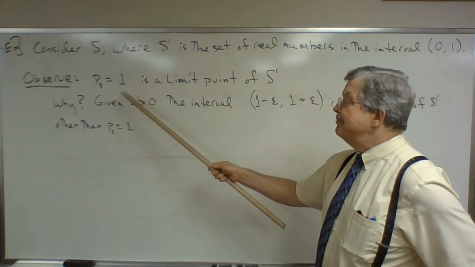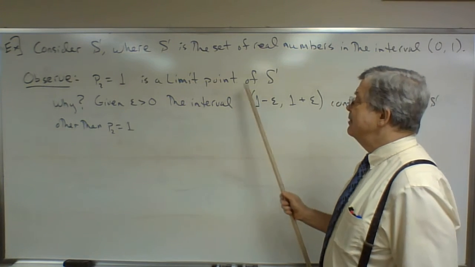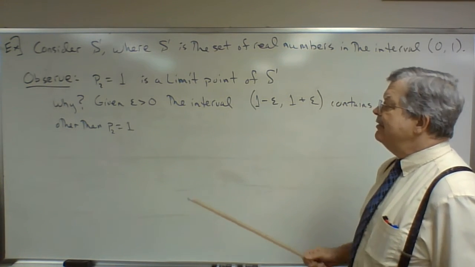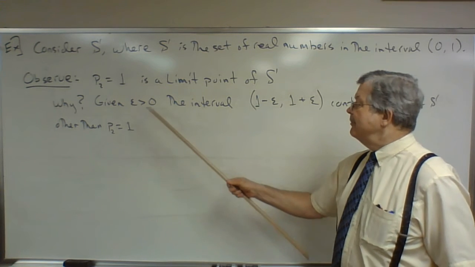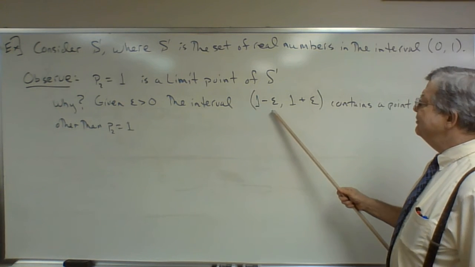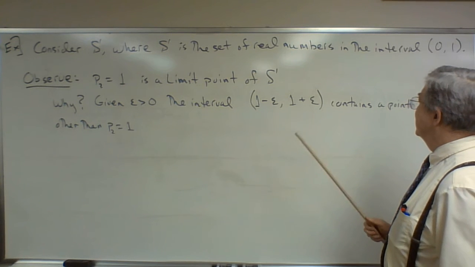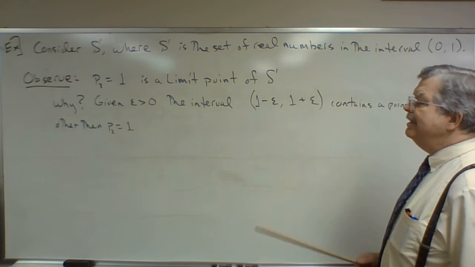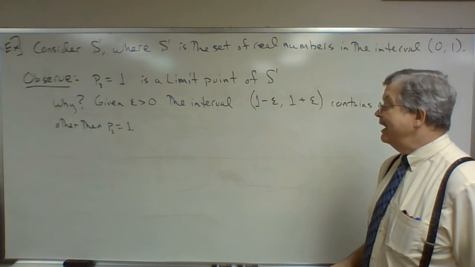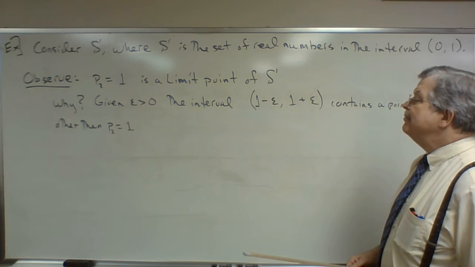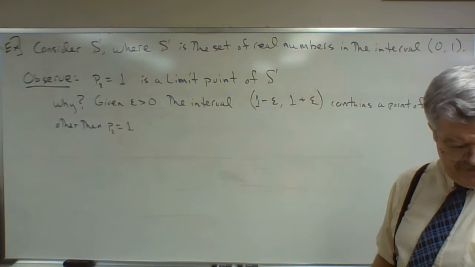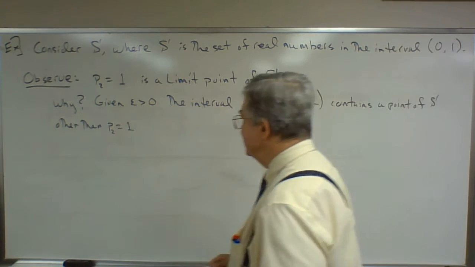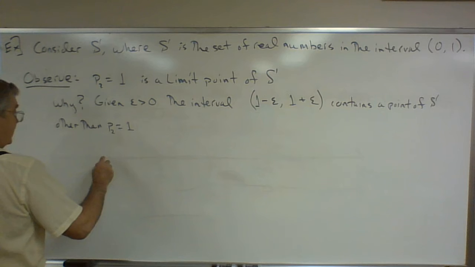I say again, P2 equals 1 is a limit point of S. The reason is, given any positive epsilon greater than 0, the interval 1 minus epsilon, 1 plus epsilon contains a point of S other than P2 equals 1. And we'll draw the same kind of example that we did last time.